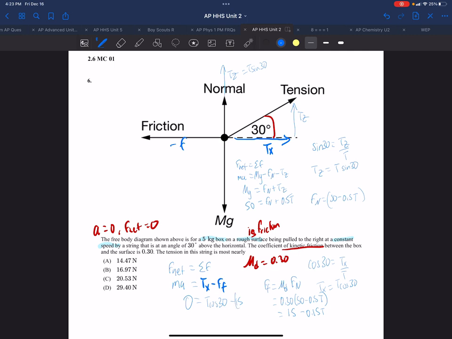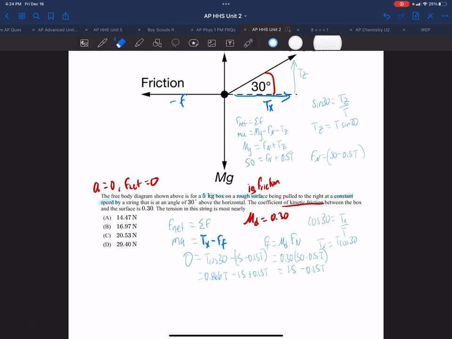Putting that into place. Now the cosine of 30 is 0.866 T minus 15 plus 0.15 T.